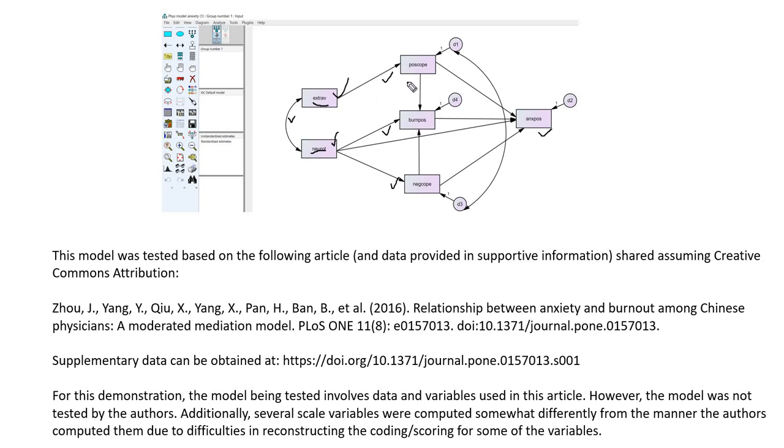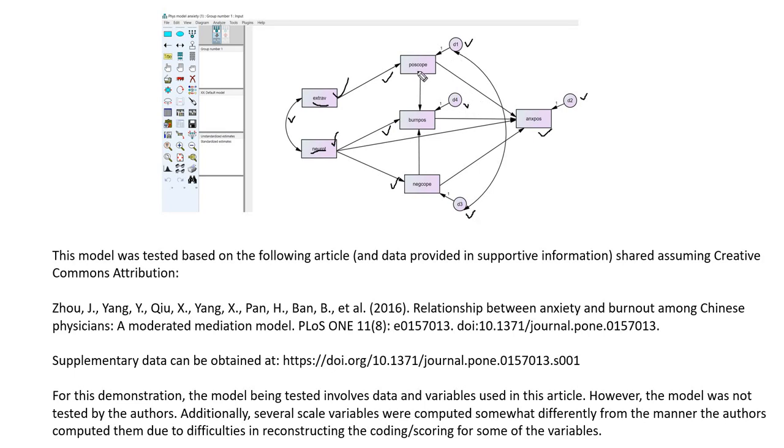So we have those single-headed arrows pointing to each of the remaining four variables within the model, and that's what makes them endogenous variables. You'll also notice that the endogenous variables have error terms associated with them. That's reflected by the circle with the arrow drawn to the box. So these are referred to as disturbance terms. So you'll notice that I've got D1 right there, D2 right here, D3 right here, D4.